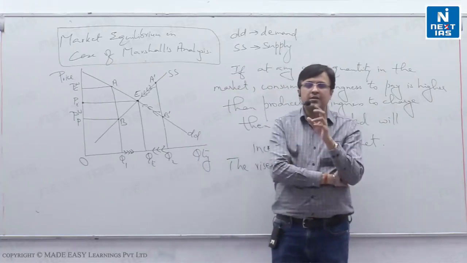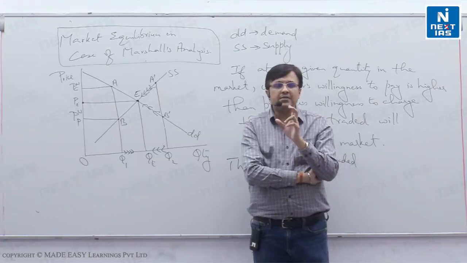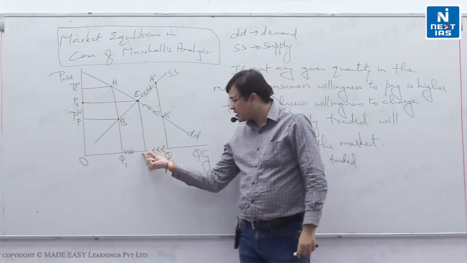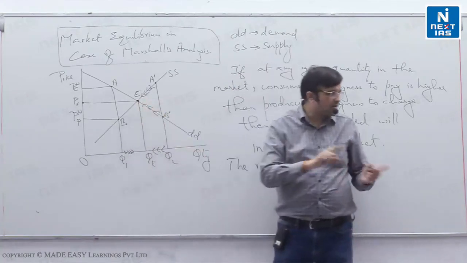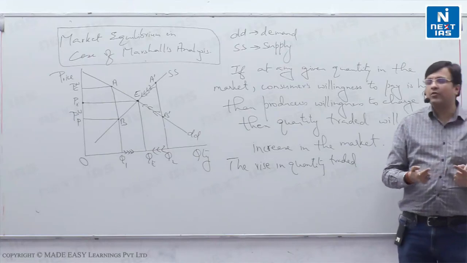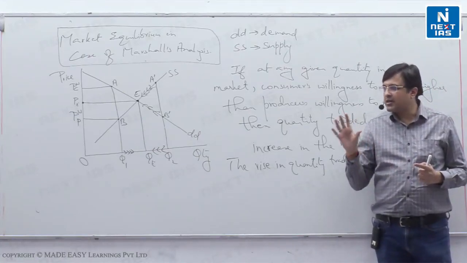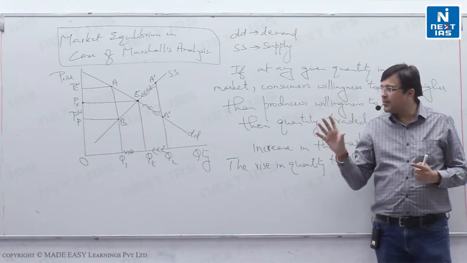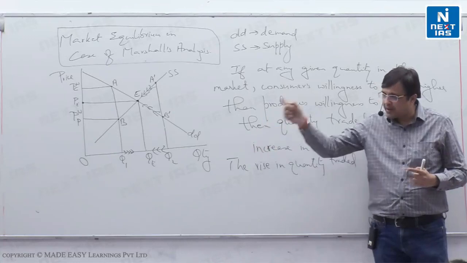I want you to notice something here, which I hope most of you would have already noticed. If I am disturbing output or quantity from equilibrium, it's coming back to it, and therefore we call it a stable equilibrium. Whenever we talk about a stable equilibrium, you change the position of equilibrium, but the market will bring it back.